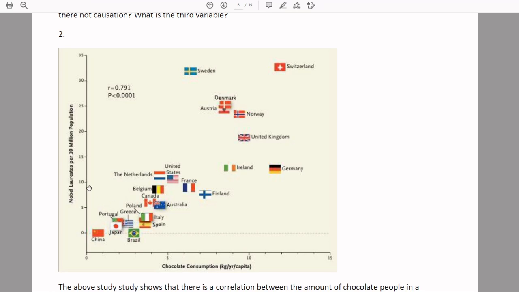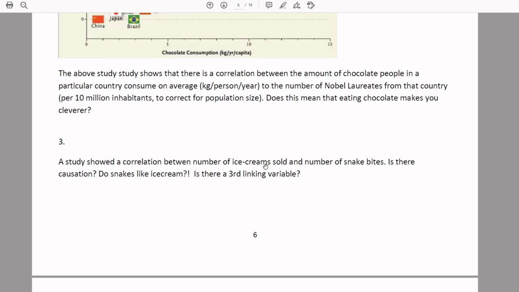So in theory, you'd expect them to have more Nobel laureates because they're spending a lot of money on their education, and at the same time, because they're a richer country in general, they've got a higher GDP. They're going to eat more chocolate. That would be my reasoning, but there's maybe some anomalies here.